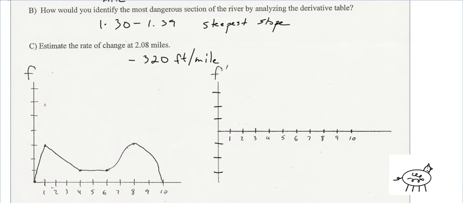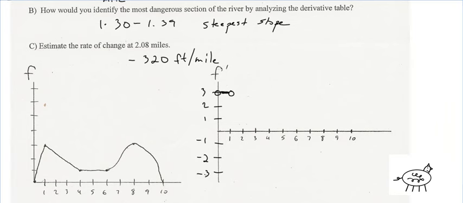So if I look between 0 and 1, do you agree I go up 3 over 1? So my slope is 3 from 0 to 1. Here, let me just label it 1, 2, 3, negative 1, negative 2, negative 3.